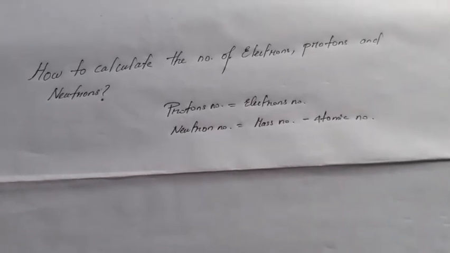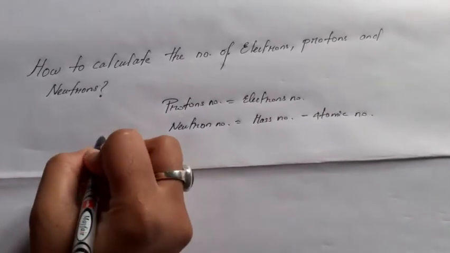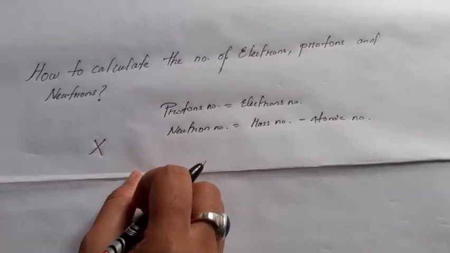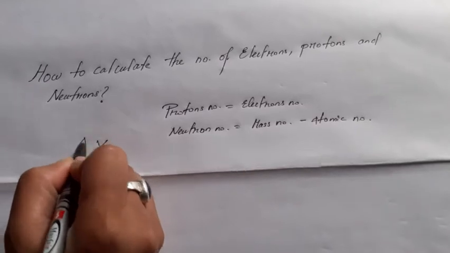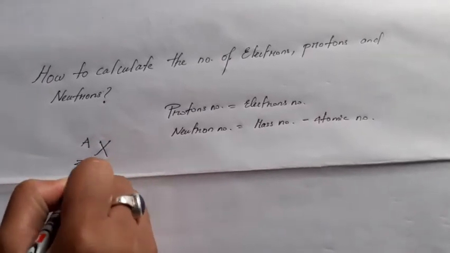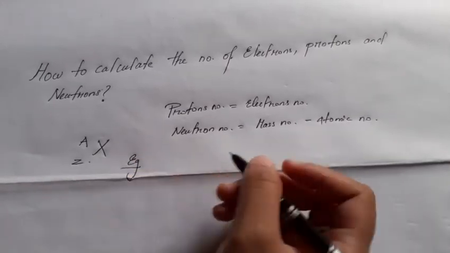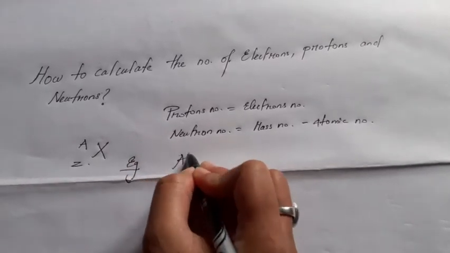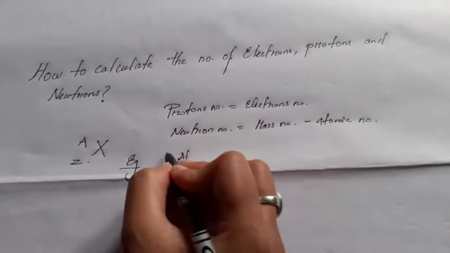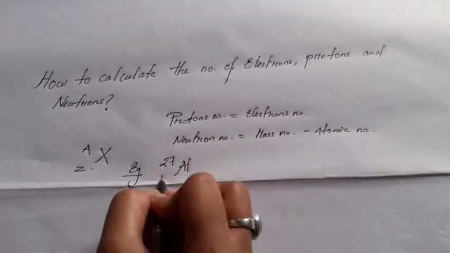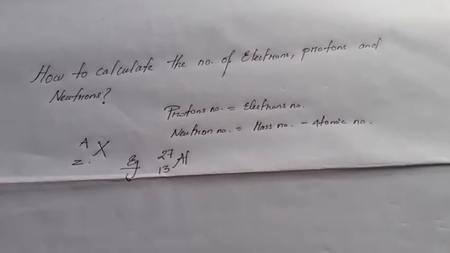So we all know that an element is represented as X, where A is the atomic mass and Z is the atomic number, right? For example, aluminium, where 27 is the atomic mass and 13 is the atomic number.